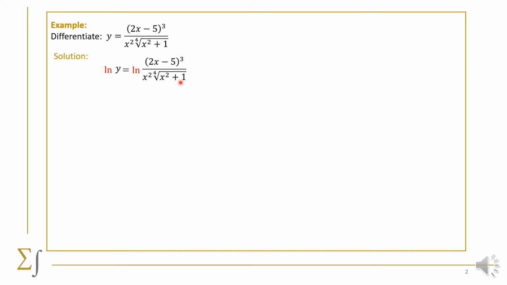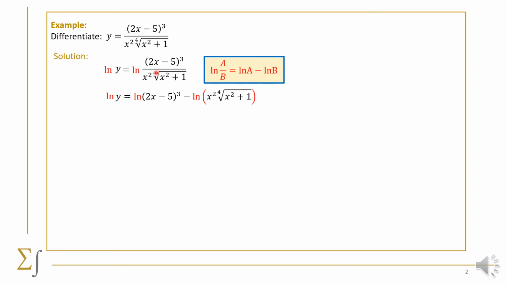Now we will start applying the properties of logarithms which we know. We know that ln of a over b is equal to ln a, the numerator, minus ln b, the denominator. So here we go: ln the numerator minus ln the denominator. But here we have the product of two functions, so we are going to use another property of logarithmic functions.